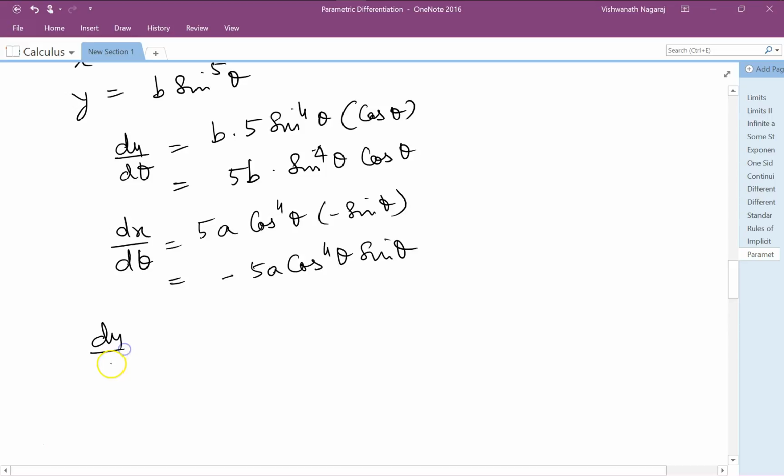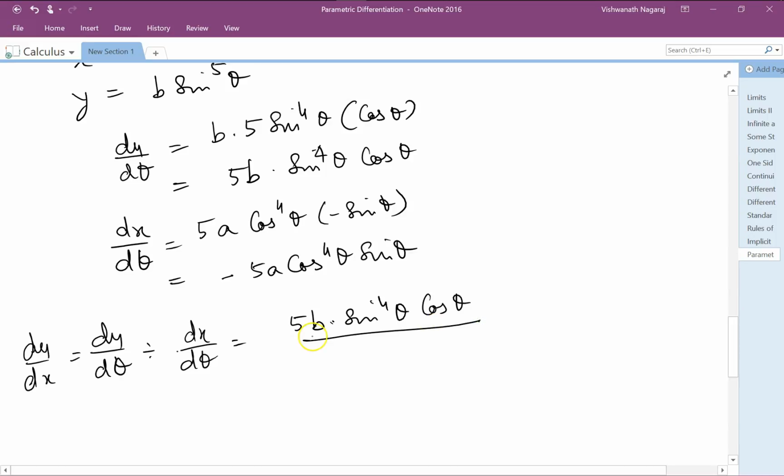Now dy by dx is dy by d theta divided by dx by d theta, which is 5b sin 4 theta cos theta divided by minus 5a cos 4 theta sin theta.